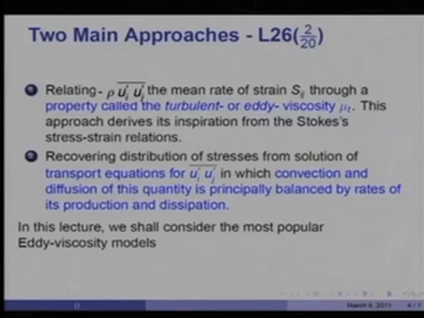Alternatively, the stresses can be recovered from solution of transport equations for the quantity u_i' u_j', in which the convection and diffusion of this quantity is principally balanced by the rates of its production and dissipation. In this lecture, I am going to concentrate on the so called eddy viscosity turbulence models, the first type. The second one we will take up in the next lecture.